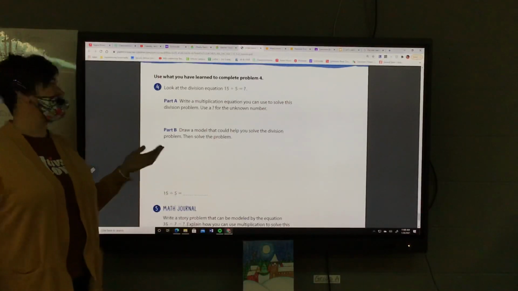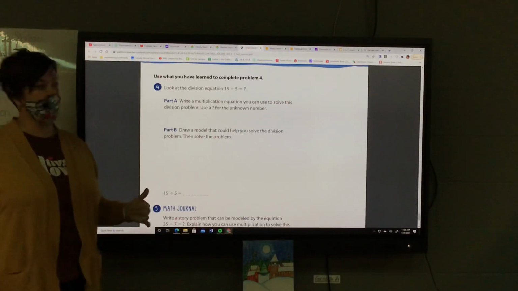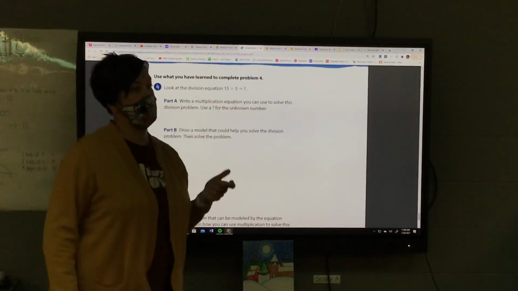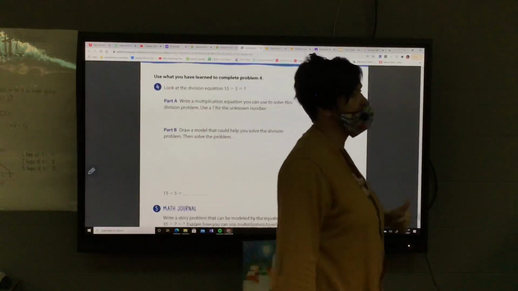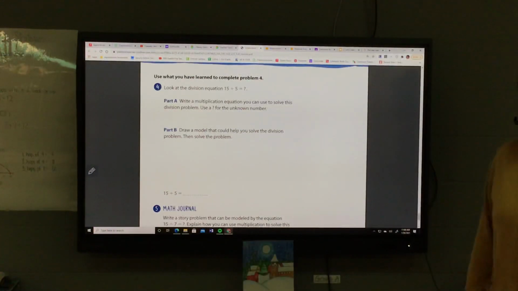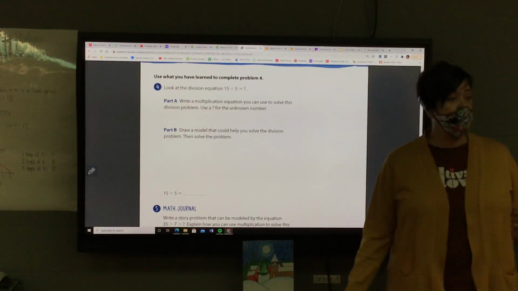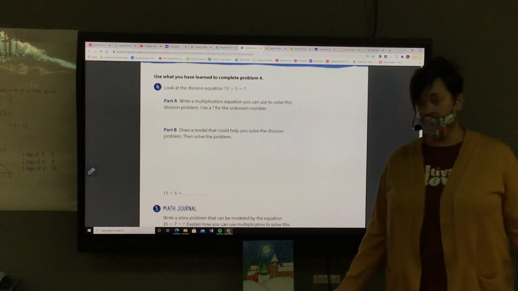So those of you that did a division equation, are you following the directions? Nope, because they already did a division equation for you. You are writing a multiplication equation. Do we use the question mark? Is that what the directions said to do, friends? Yes.